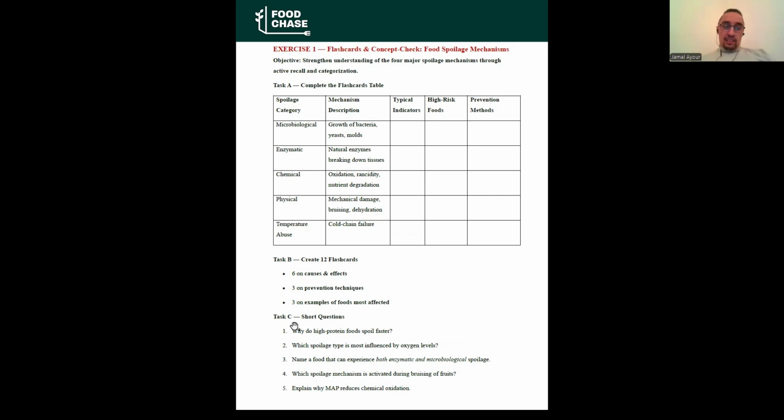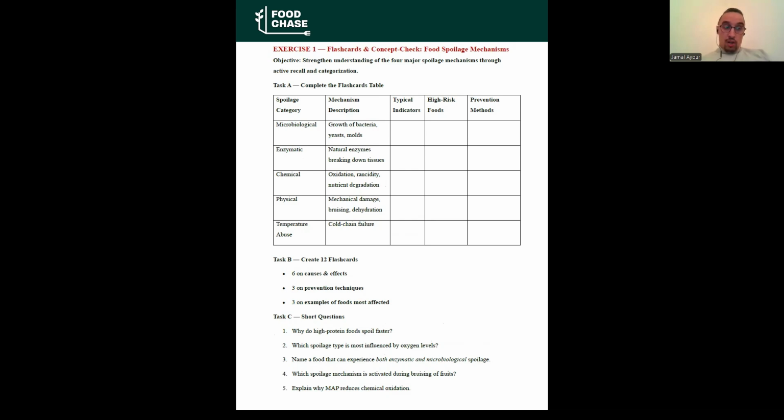For task C, answer the direct questions. We have different questions about this activity related to food spoilage and mechanism. Read each question aloud and provide your response.